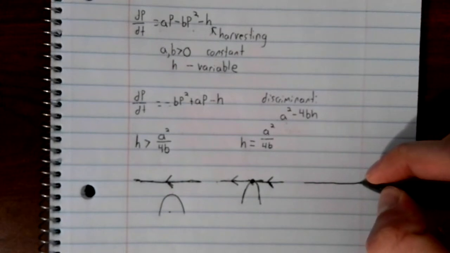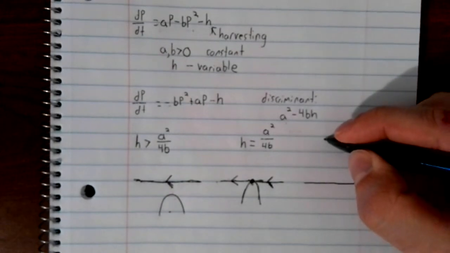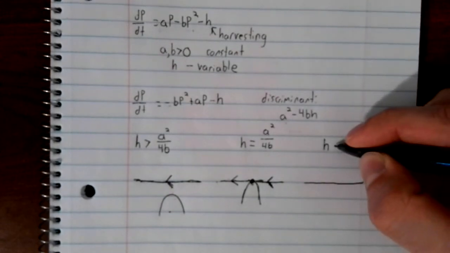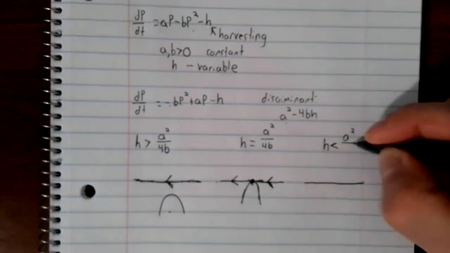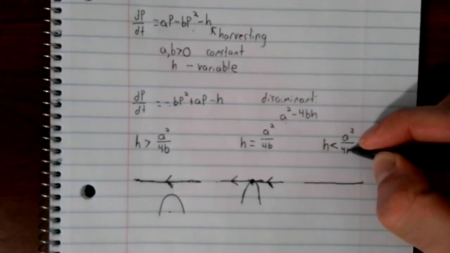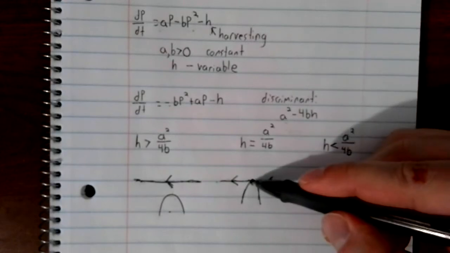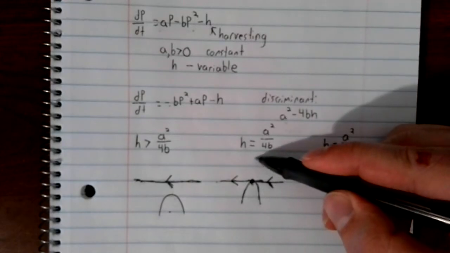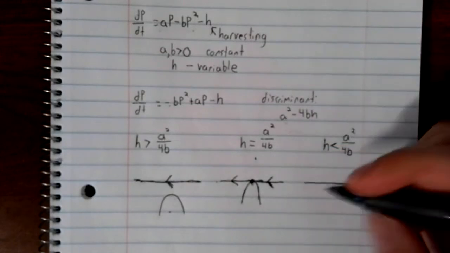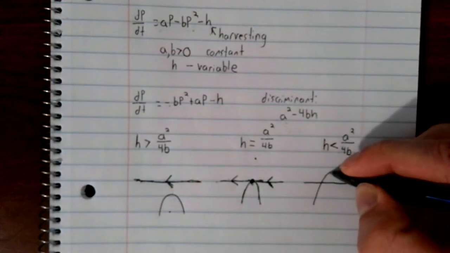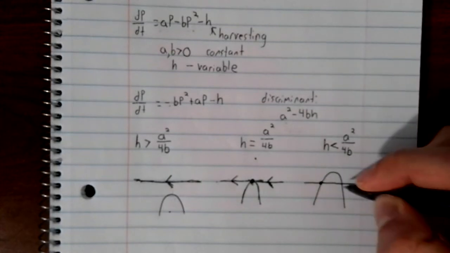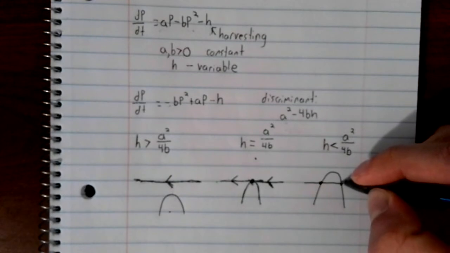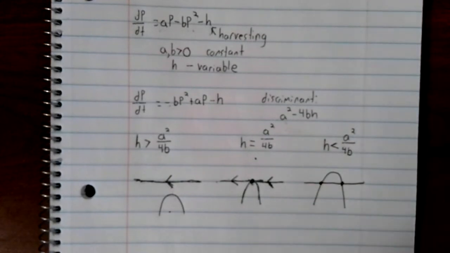So we reduce h even further. The parabola gets pulled up further. And now 2 fixed points appear.